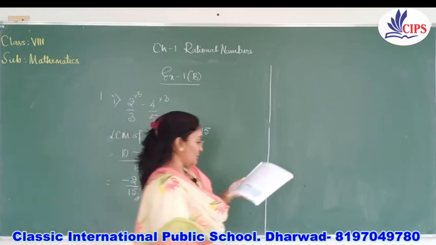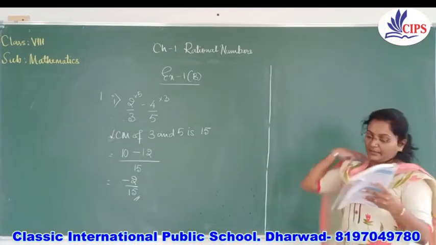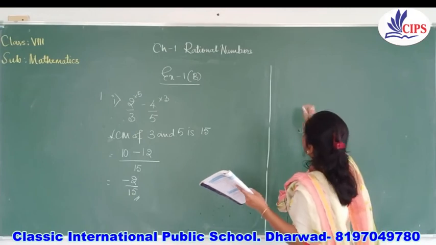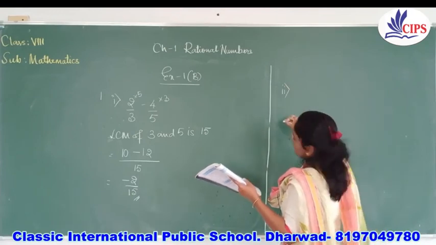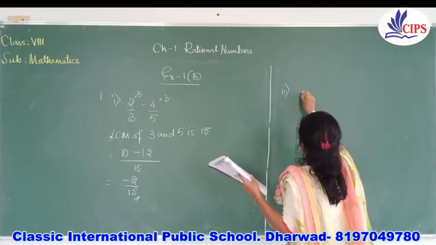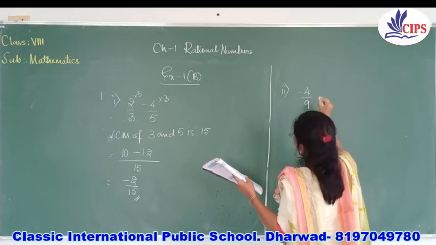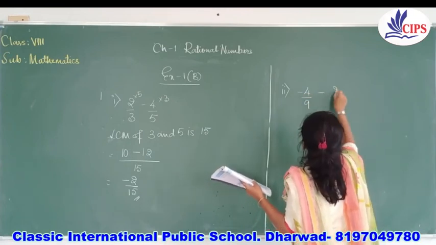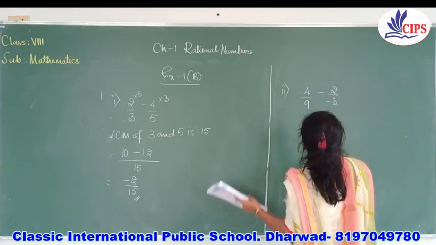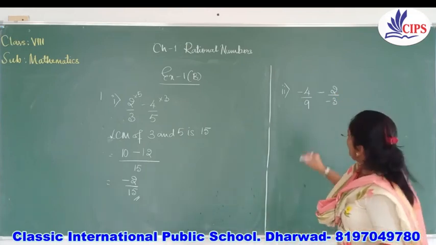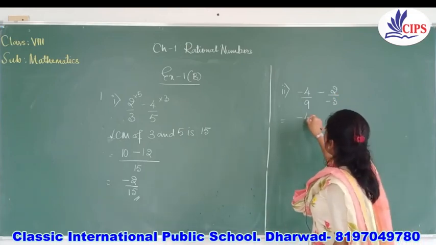Okay, let's go on to the next sum, that is the second one: minus 4 by 9 minus (minus 2 by 3). Here we have minus 4 by 9.